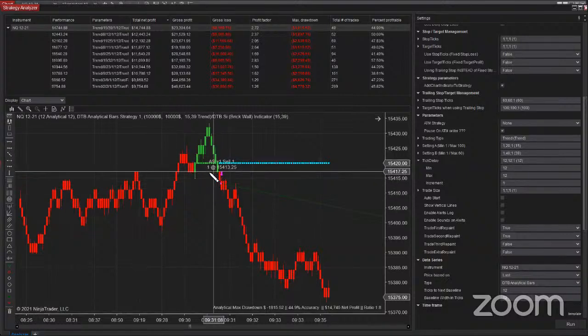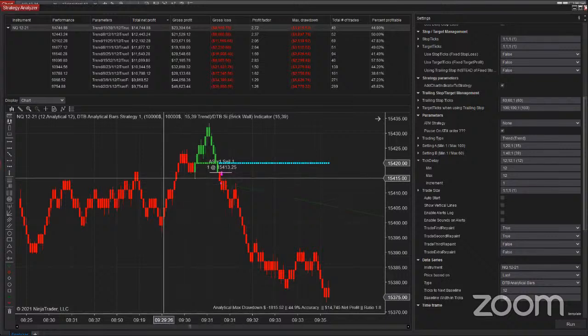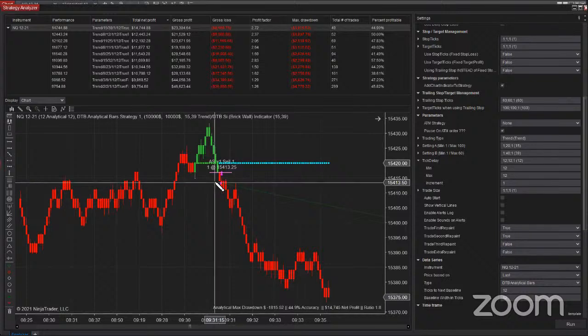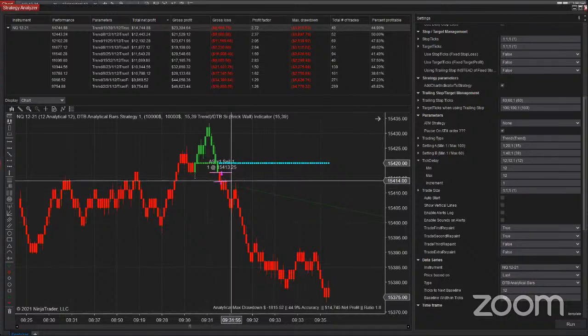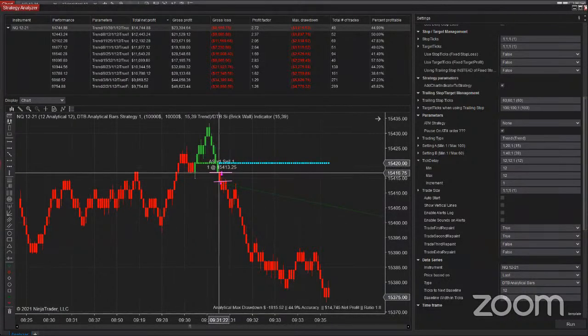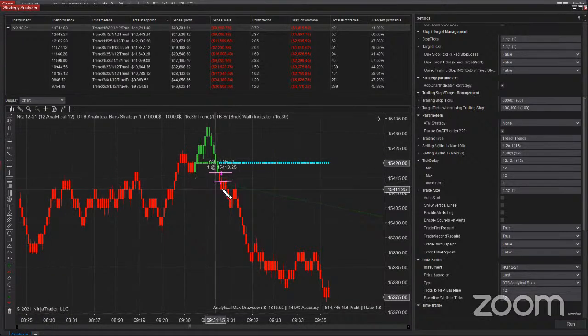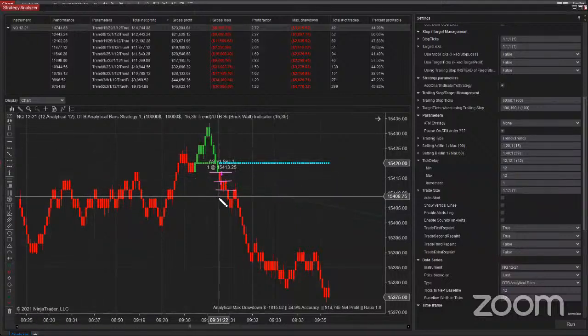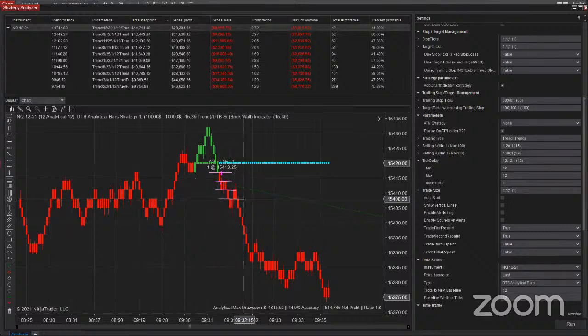The first bar is the signal, so that's a 0 tick delay. Because it's a 12 tick delay, it's going to enter on the next bar. That's why it's skipping one bar. If I had a 24 tick delay, it will only enter on this bar. And with 36, it's only going to enter on this bar. So that's how the tick delay works.